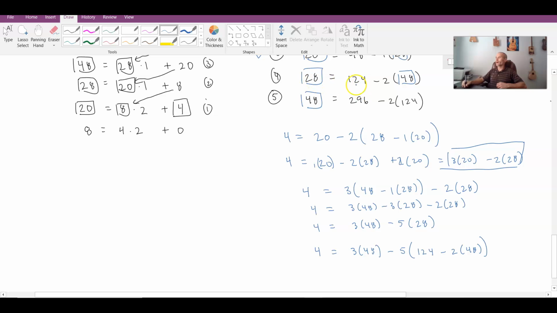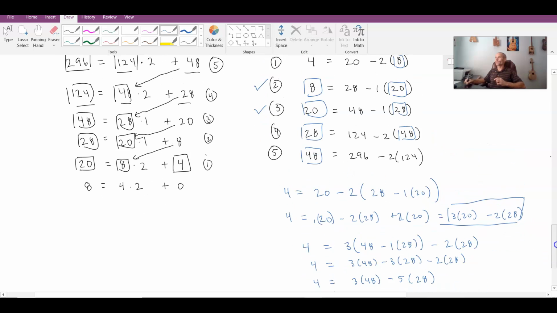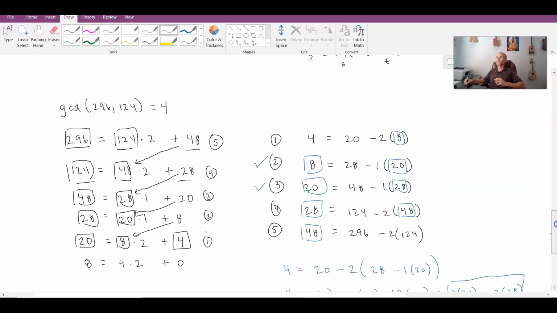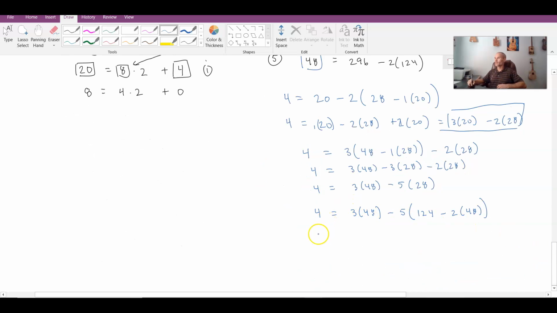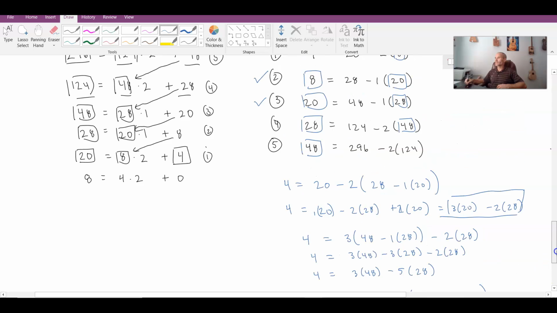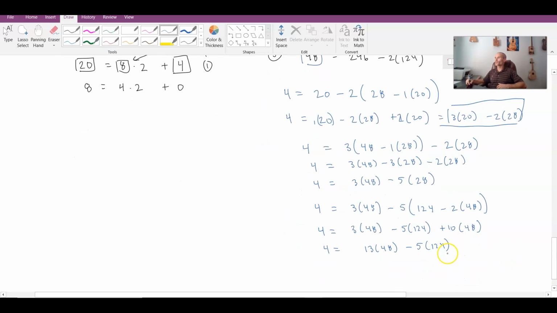And in this step, I'm going to focus on the 28 and the 48, because ultimately I want to focus on the 296 and the 124, my original 2 values of A and B. So this can be reduced to 3 times 48 minus 5 copies of 124 plus 10 copies of 48, and that can be reduced to, I have 13 copies of 48, negative 5 copies of 124. And I'm close, because I see that I have a 124 in my equation.